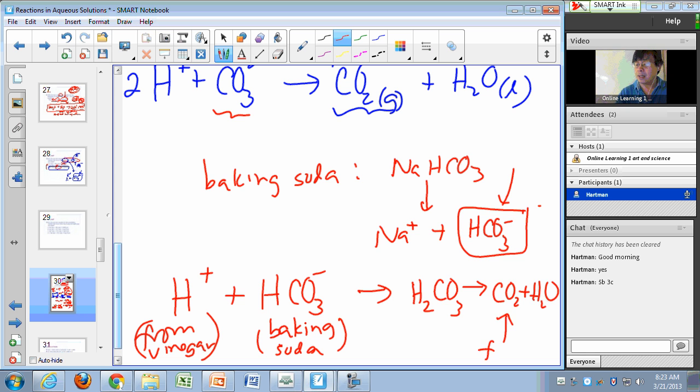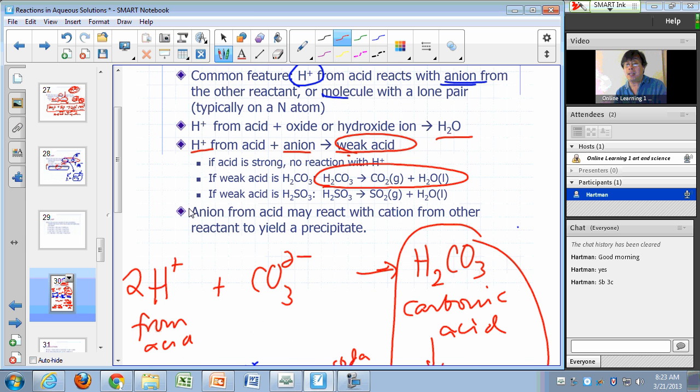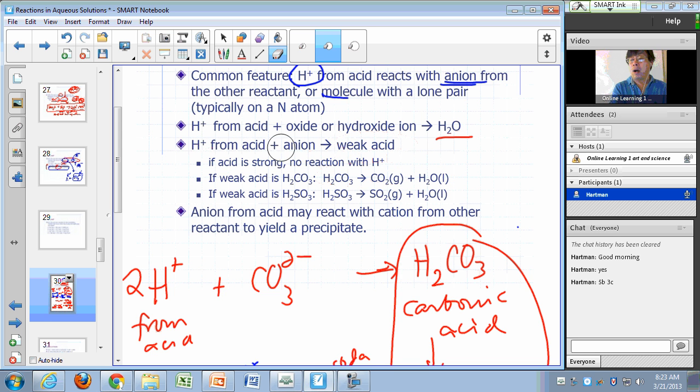And so you see that fizz when you mix baking soda and vinegar. And that's the reaction for that. So that's typical reactions of acid. It has to do with H plus combining with a negative ion or combining with a molecule that has a lone pair.